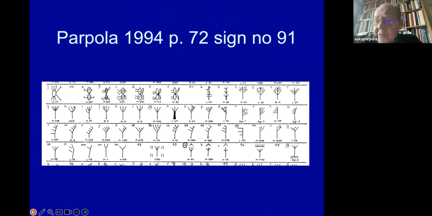As an example, I took the sign which in my sign list has number 91 and very many graphic variants, resembling more or less each other and forming a continuum of shapes, possibly depicting a tree with branches or grain with awns. The principal variants look like a trident and a stem ending in a right-turning branch with 2 to 5 left-going short strokes.